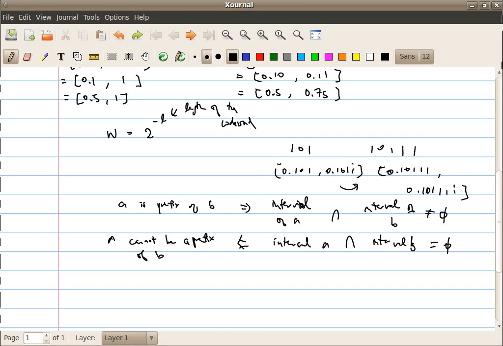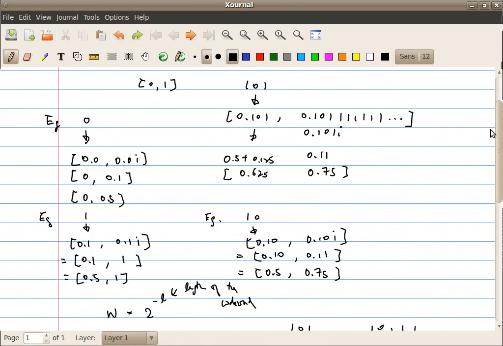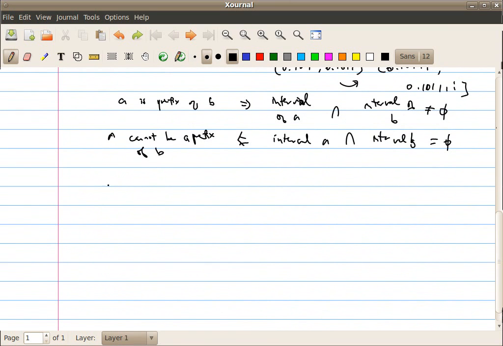Now let's consider a random variable X that can take possible alphabet A, B, C, D, and let's say the probabilities of A, B, C, D are 0.1, 0.2, 0.3, and 0.4. I can map this probability into the interval 0 to 1.